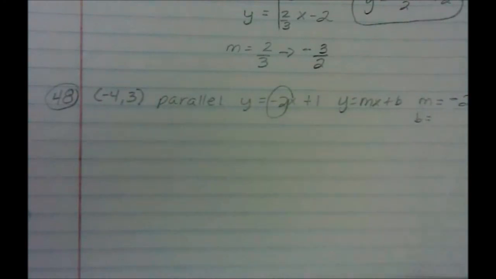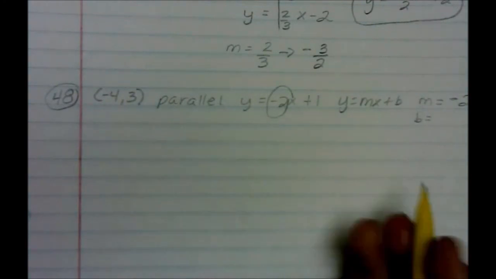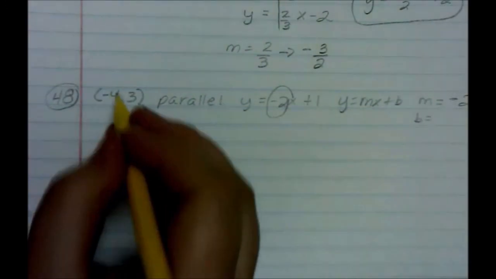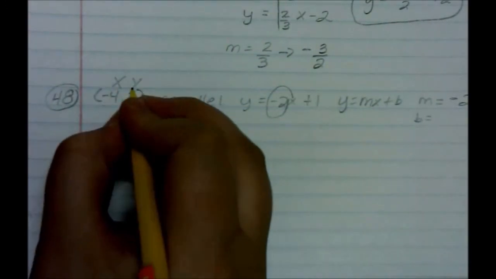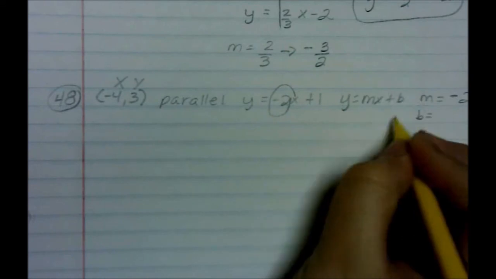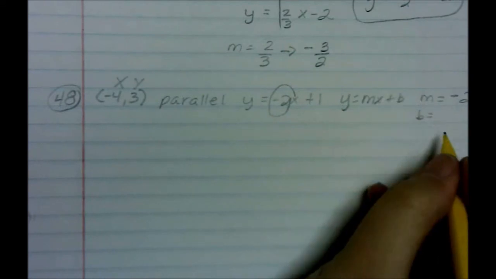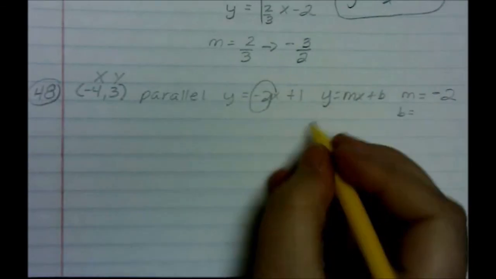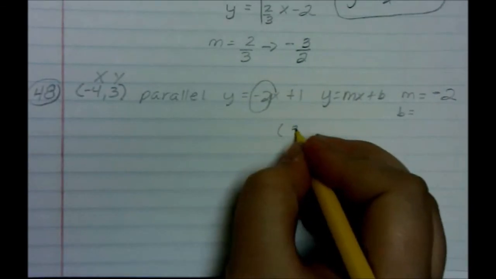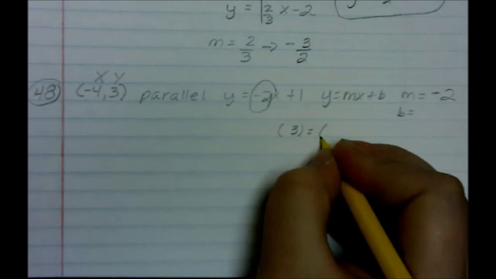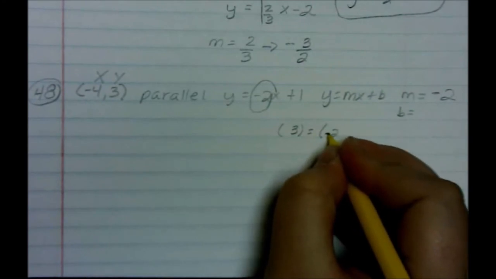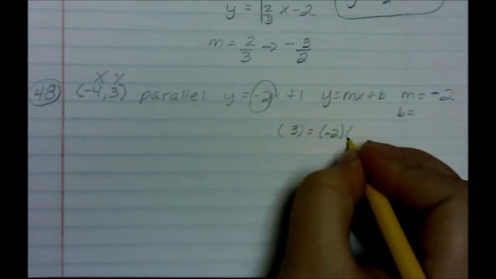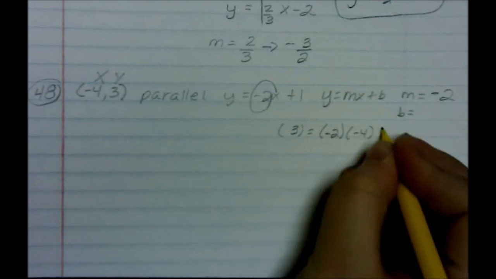Now I have my slope and I have an ordered pair, so I can plug that information into my y equals mx plus b to find out what my y-intercept is. So my y is 3, my m is negative 2, my x is negative 4, and then bring down my plus b.